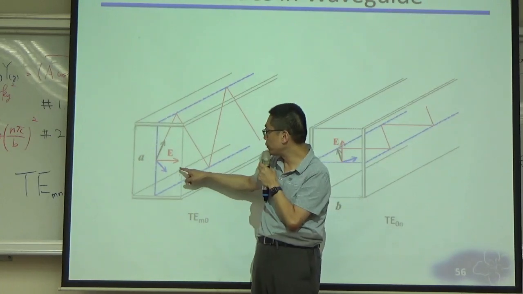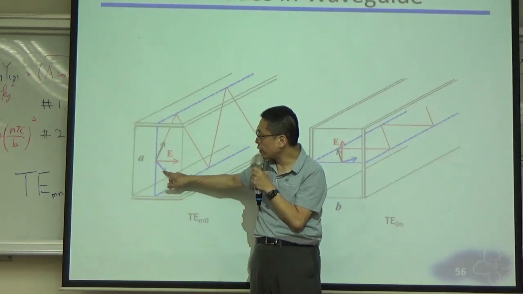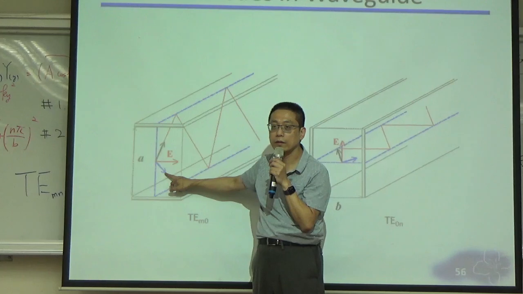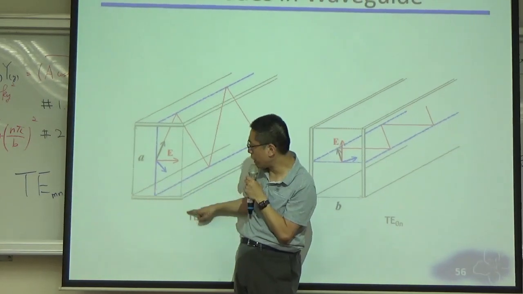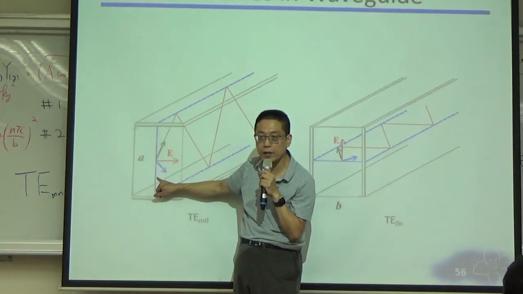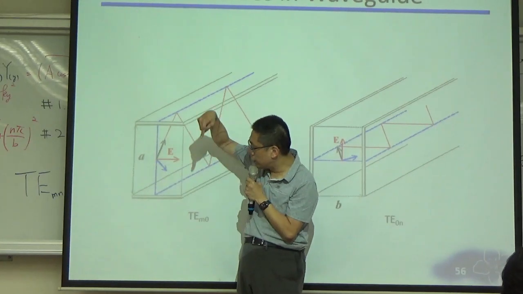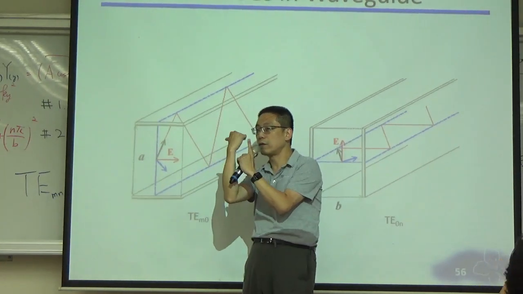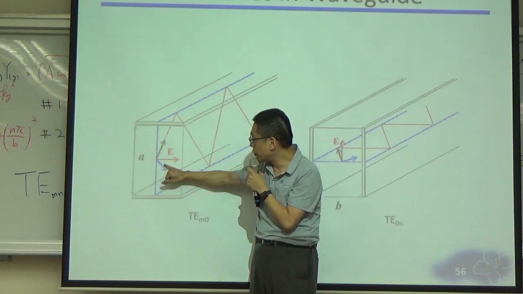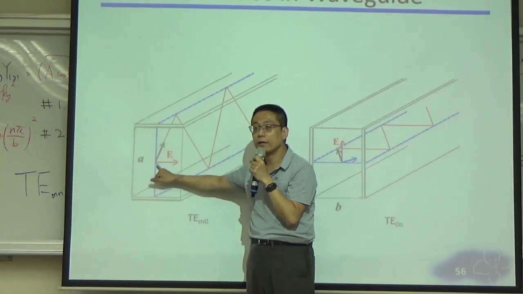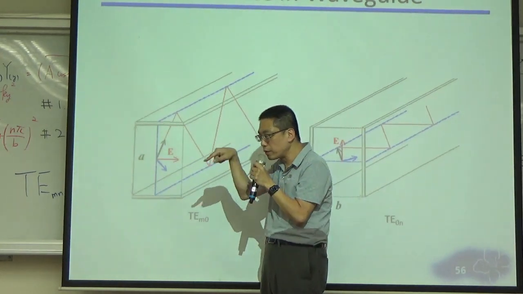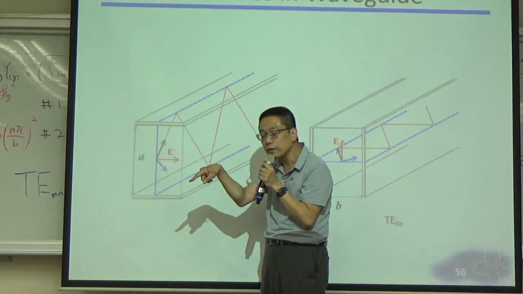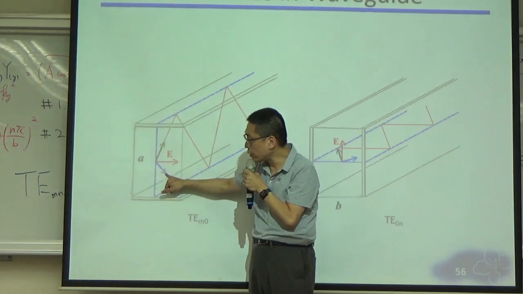The problem is your H field. The H field is the blue one. If this were a TEM mode, the H field would also be on the same plane. But your H field is a combination of this direction and also the Z direction. So your blue one, your H field, is going a little bit forward. The blue one is your H field.